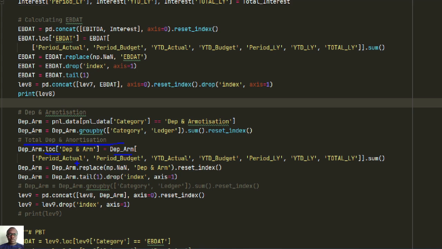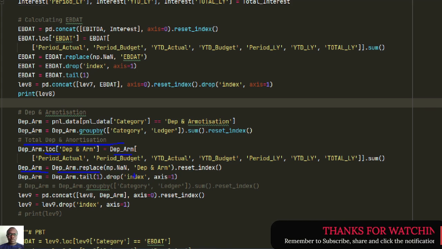Then we are putting the numerical columns within double square brackets, and then we are summing those values. And then down here we are saying that dep and amortization is equal to dep and amortization.replace. So we are replacing the null values with the dep and amortization as a string, and then we are also trying to reset index.